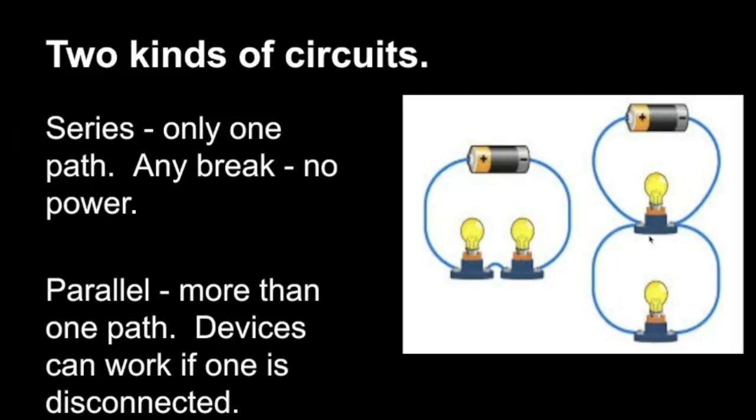Or if I unscrew this one and keep this one screwed in, they can just go around this way. So as long as there is a connection from this end of the battery to that end of the battery that isn't broken, you can have a working circuit. And again, one pathway is series, more than one is called parallel.